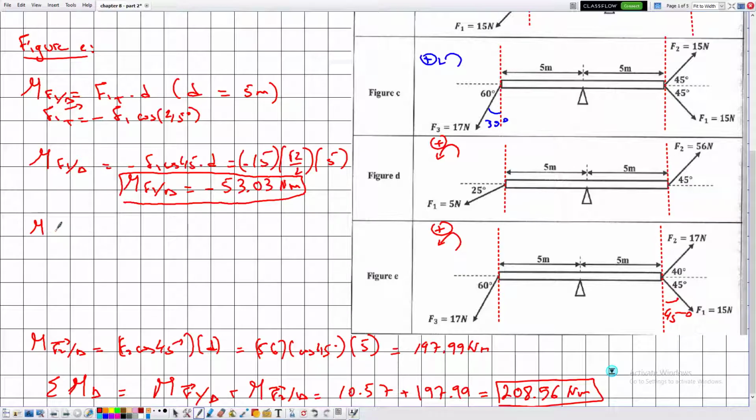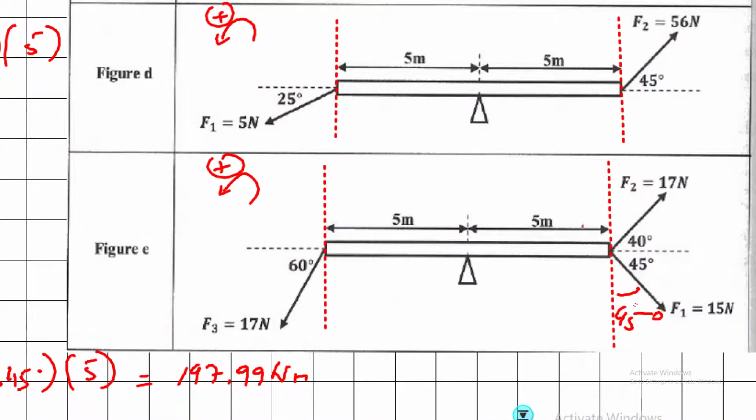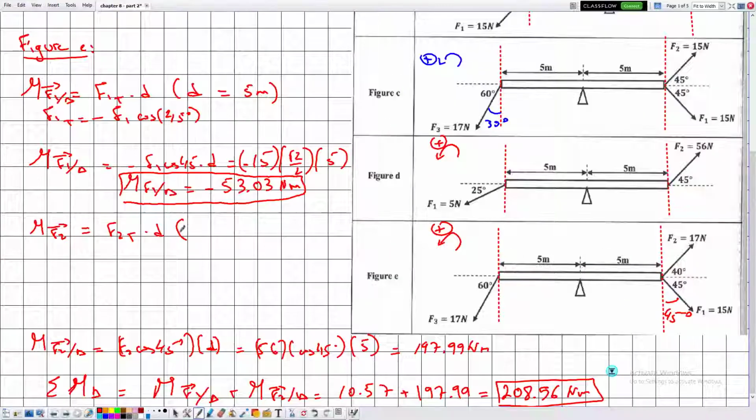So now as for the moment of F2, it's always better to write the vectors in this case. It is equal to F2 tangential multiplied by the distance D. The distance from F2 to the point of application is given by 5.